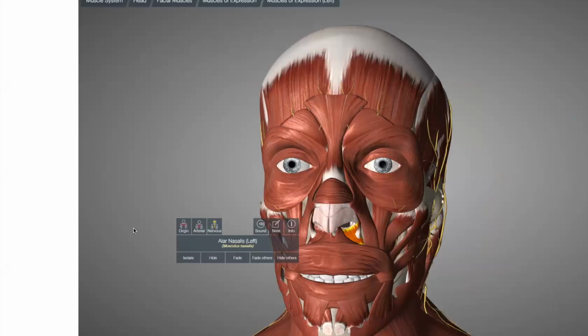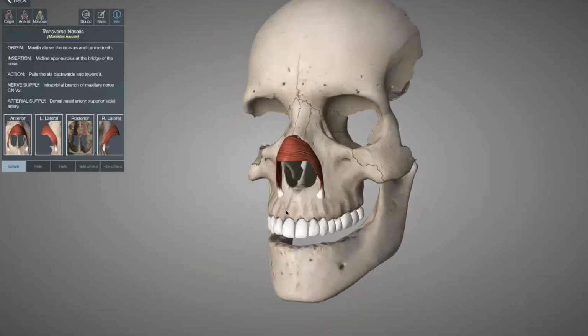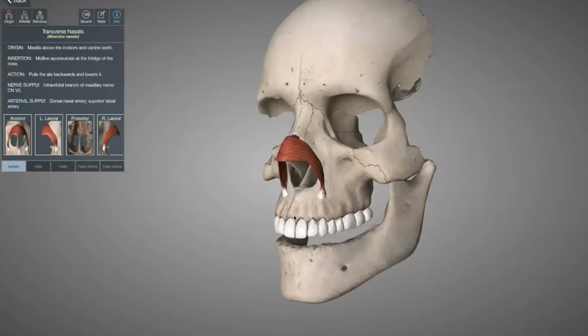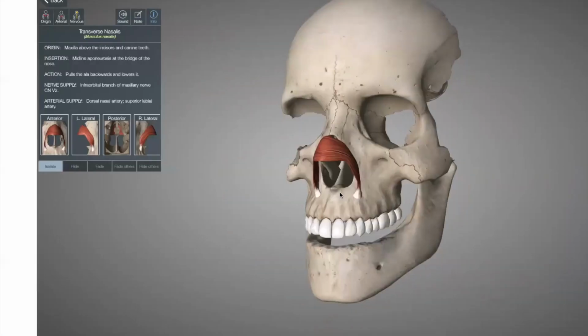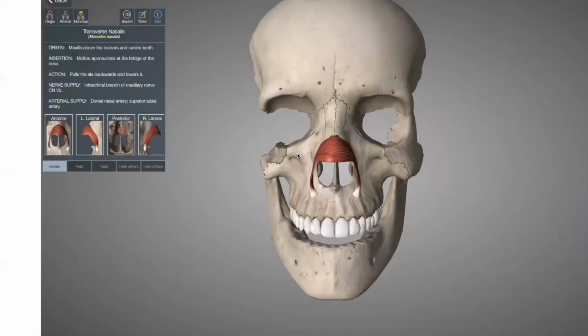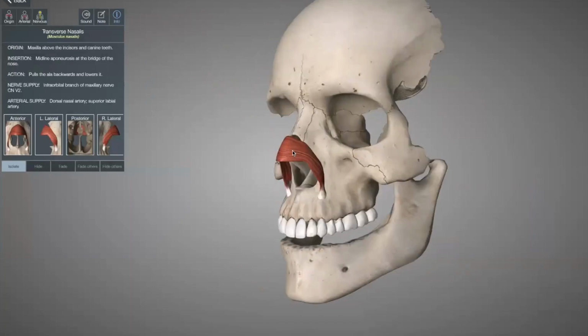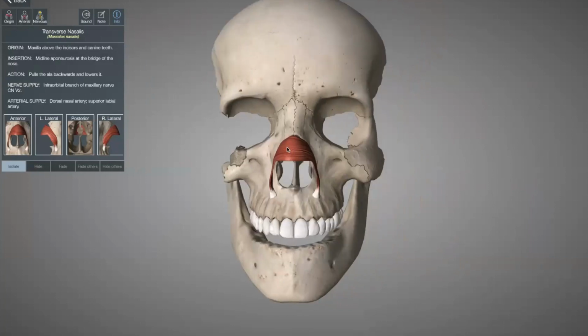Transverse nasalis originates from the maxilla, lateral to the nose, and attaches onto the aponeurosis across the dorsum of the nose.